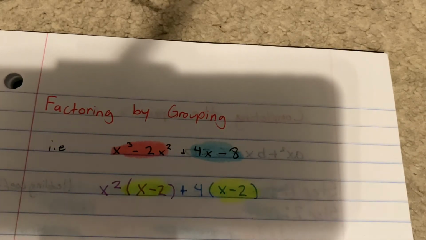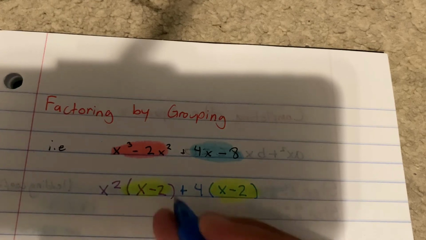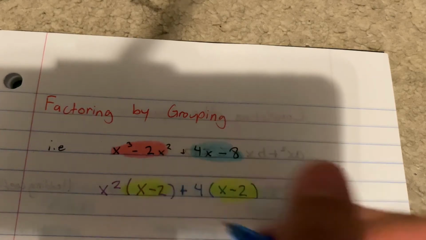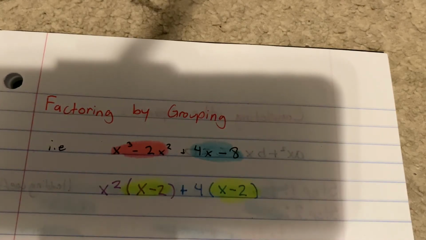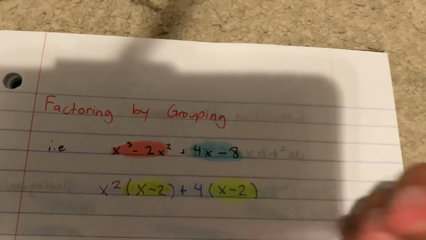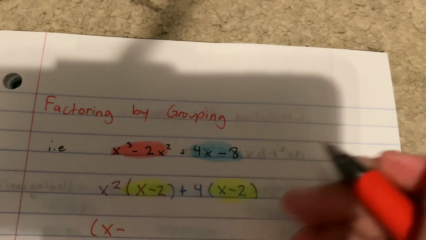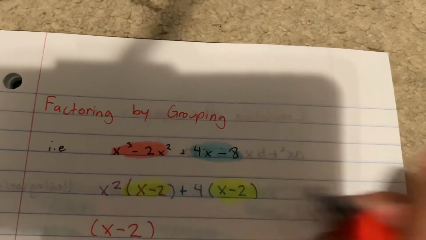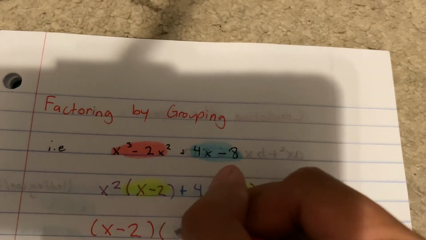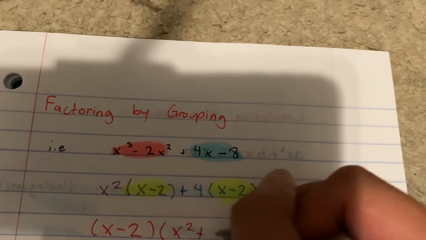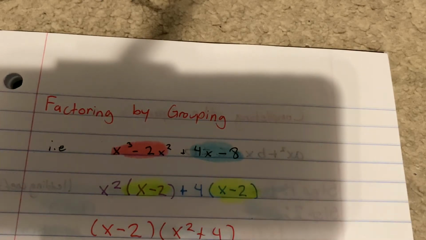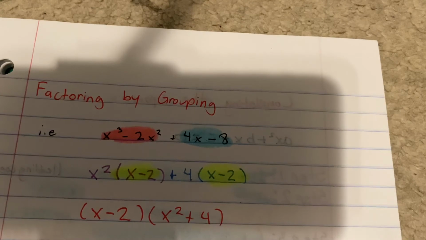So I get to factor these out. It's like taking out the like terms like we did here. Since they all share the x, let's take out x, not x squared, why do I keep saying x squared, x minus 2, and then we're left with times x squared plus 4. And that's it.